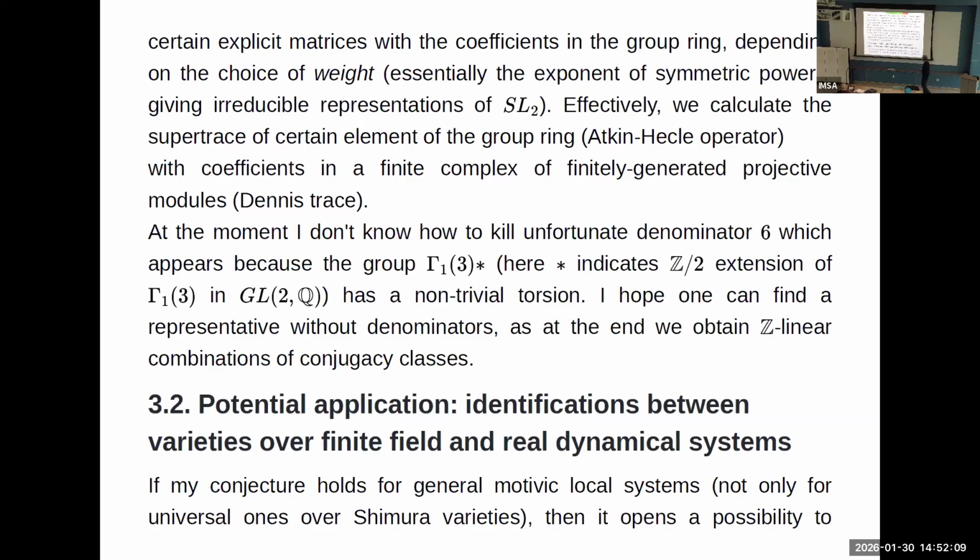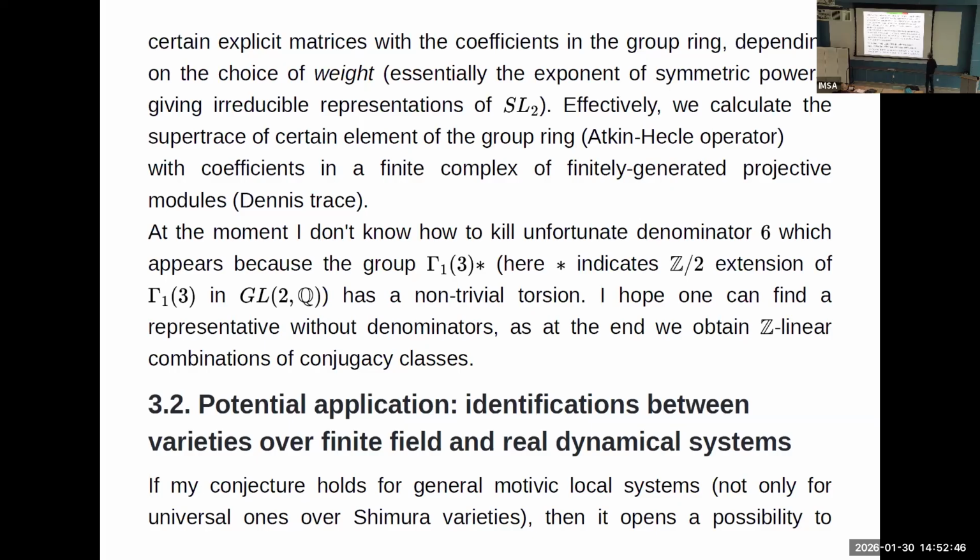So you get a group with non-trivial torsions. It's virtually, after torsion, actually a free product of some Z mod 2, Z mod 3, something like this, and it's a classifying space, an orbifold. It has a virtual fundamental class, but because it's an orbifold, when you consider a resolution of the trivial representation, you get some projectors and you get some denominators in the formula, little denominators, which I don't know at the moment how to kill.